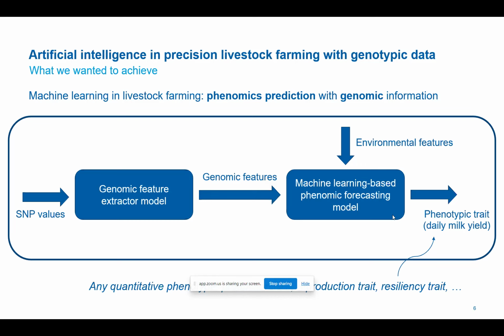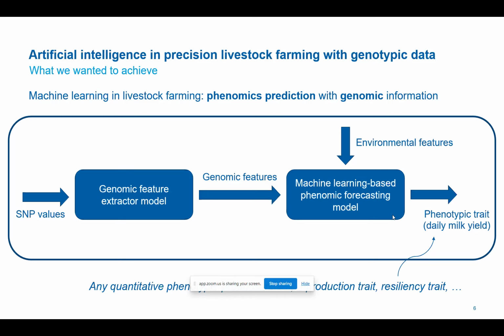So our idea was to integrate genomics with environmental data, with phenomics data. The first thing we have to do is extract some relevant genomic features through a genomic feature extraction model. And once we have these genomic features, we can integrate them as features of a machine learning model to predict, in our case, the daily milk production.